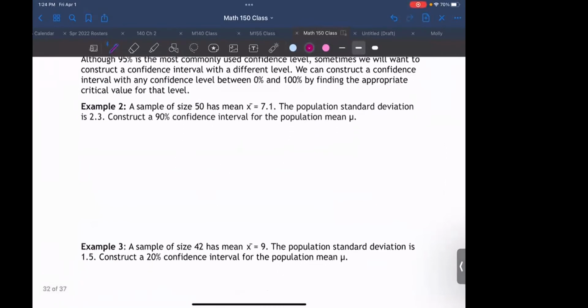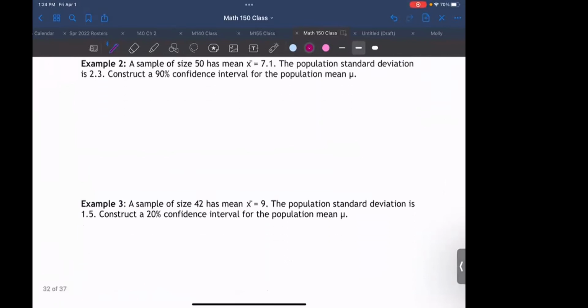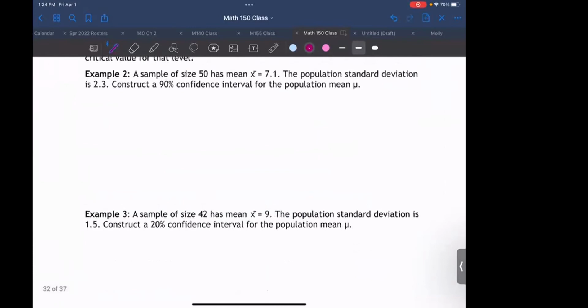So we don't just have to make a 95% confidence interval. We can do other ones. Here's an example. We have a sample of size 50, so n equals 50, and it has a mean x bar equals 7.1. It also says the population standard deviation is 2.3.